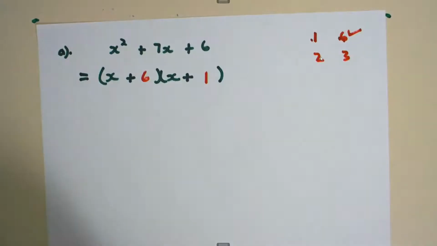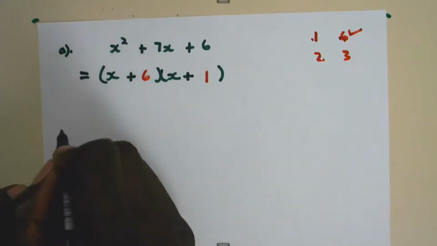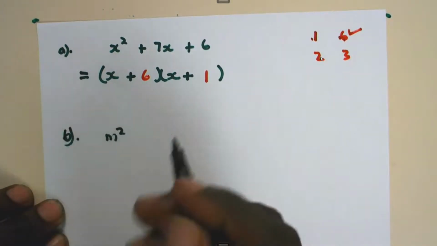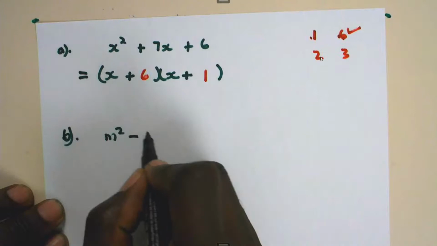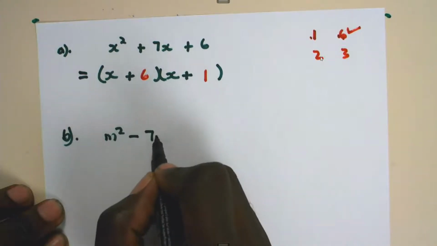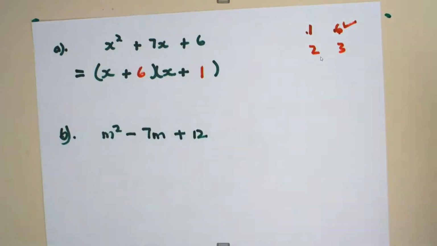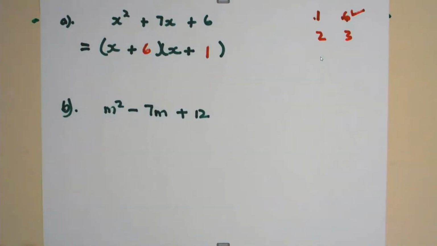Number 2 is where we have m squared minus 7m plus 12. I think this one is the same as the number 2 of the example that I did with you earlier on.